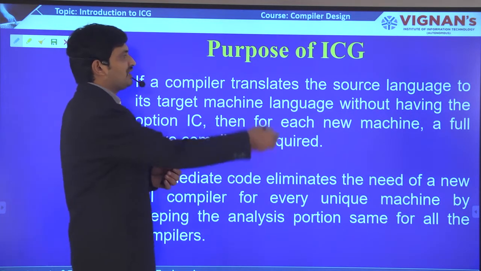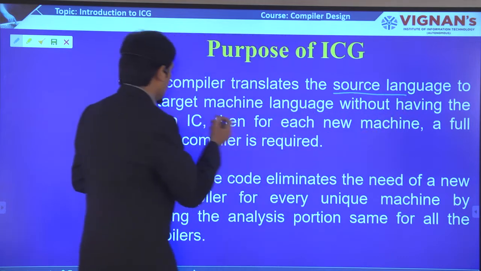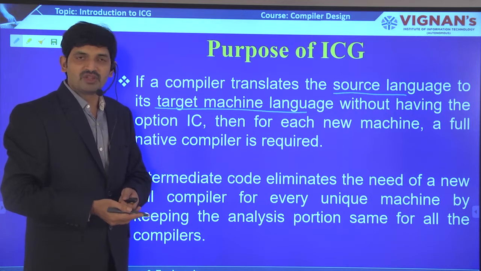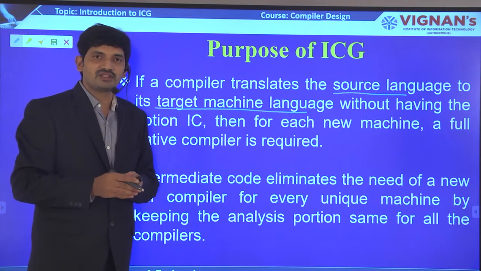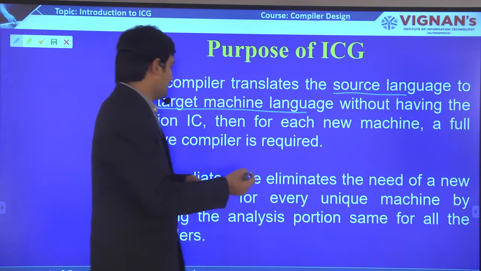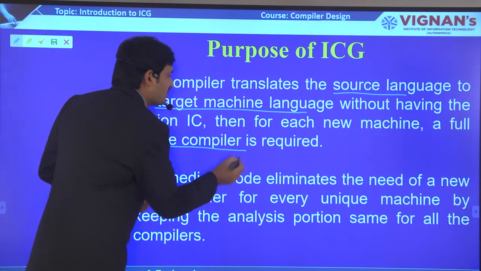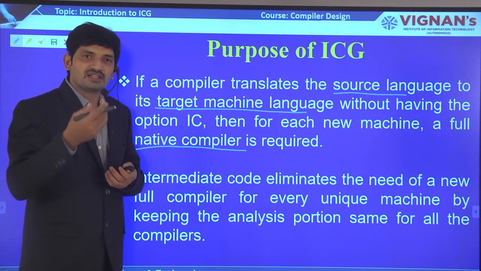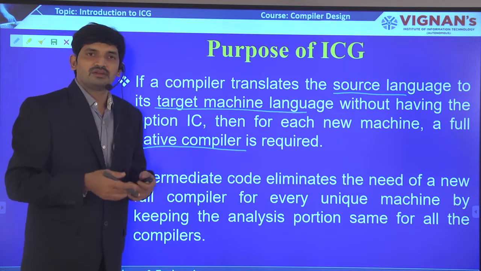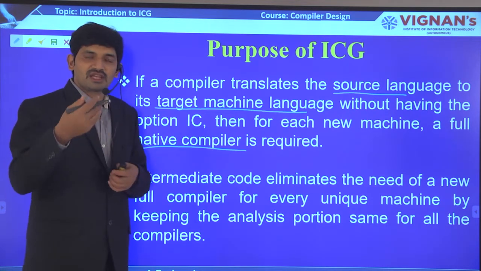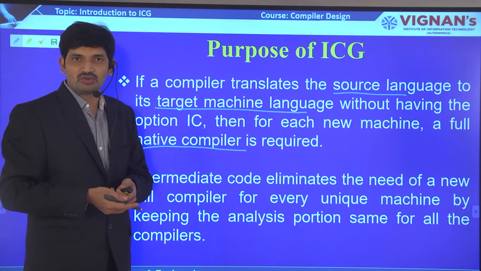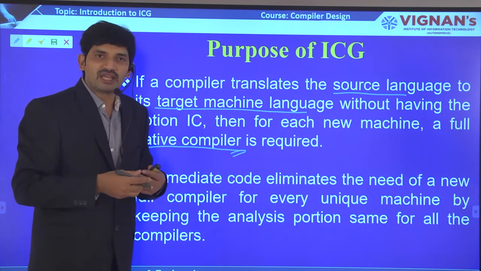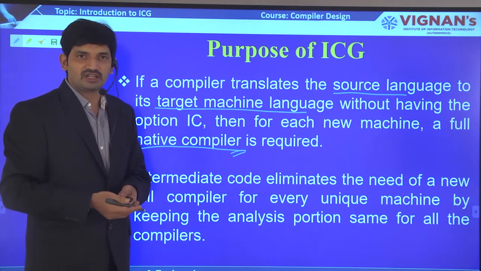So, if a compiler translates the source program to target machine language without an intermediate code generator, then for every particular language there must be a native compiler, which is a must, because only then can the source code be understood by the native compiler and converted into the absolute machine code or target code. If the native compiler does not exist, we cannot convert our source code to target code.